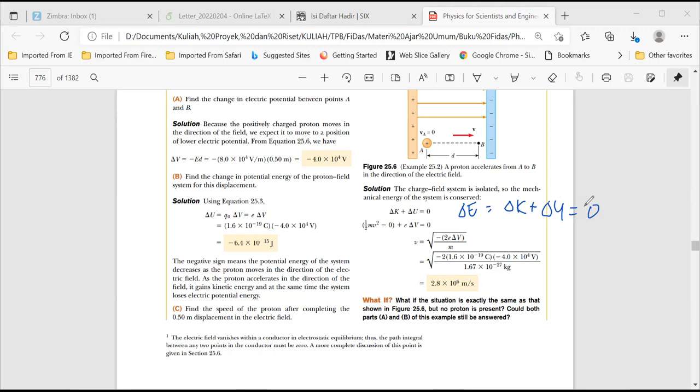This is only mathematical computation, so it is simple. Using your calculator, you can find that the proton speed is 2.8 times 10 to the 6 meter per second. Is there any question about this example?